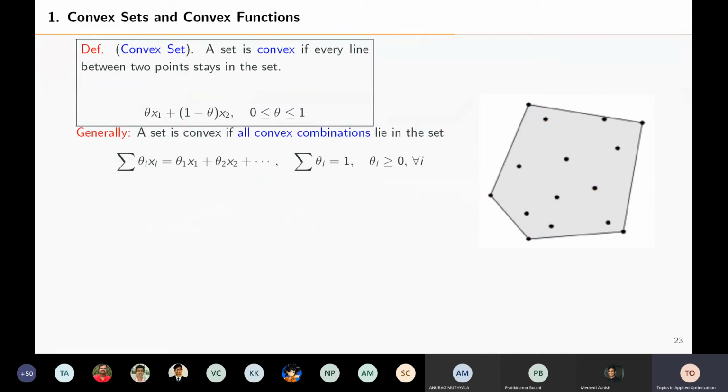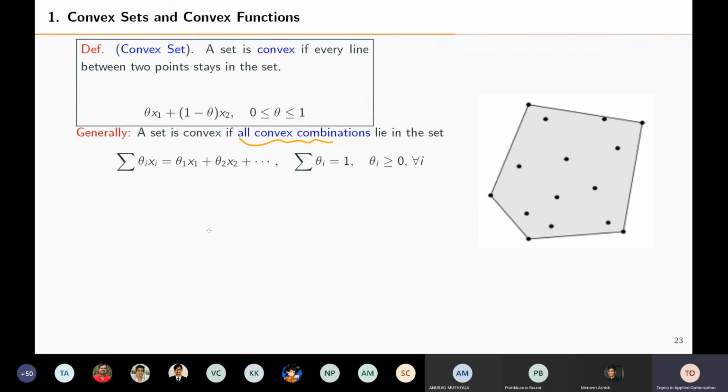There is another general definition of a convex set, and both are equivalent. Rather than saying only 2 points, you take any set of points and you take all convex combinations. There is a difference between linear combination and convex combination.